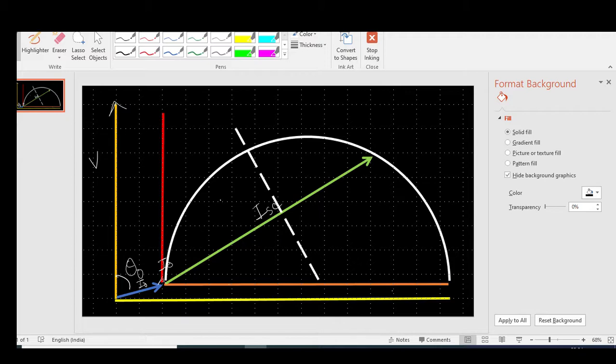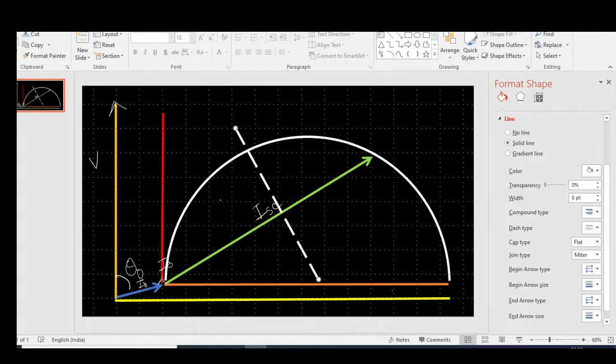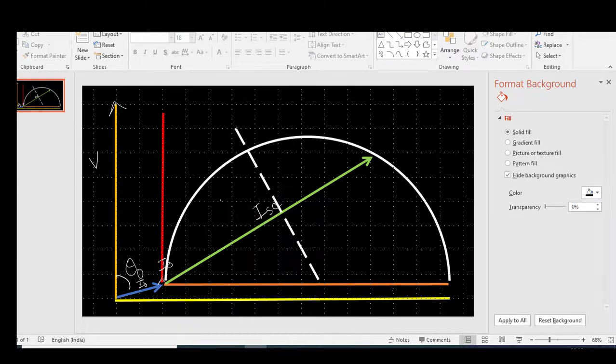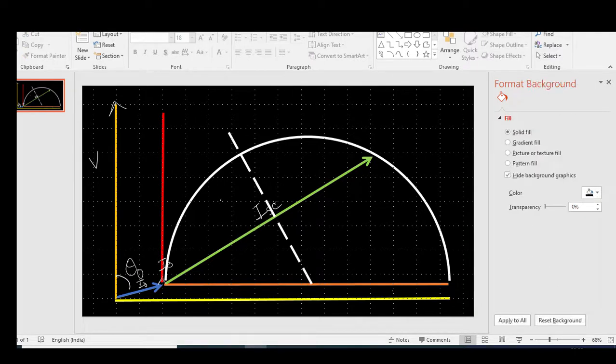For doing so, we draw a perpendicular bisector on this ISC, and then we figured out the radius of this circle. This is the radius from the tip of I naught to this intersection point. This is the circle.